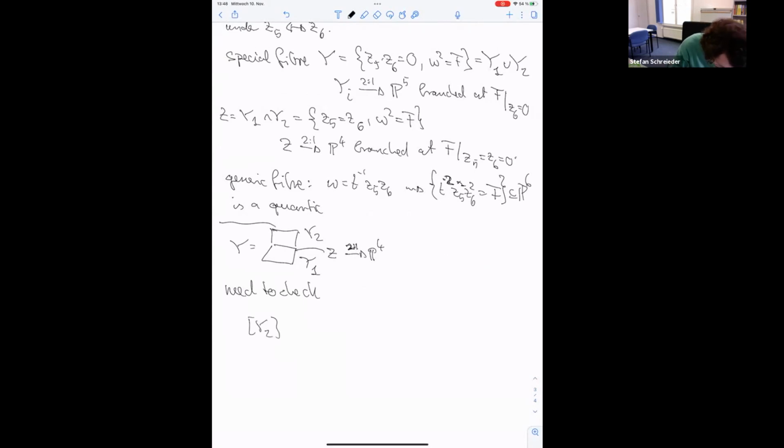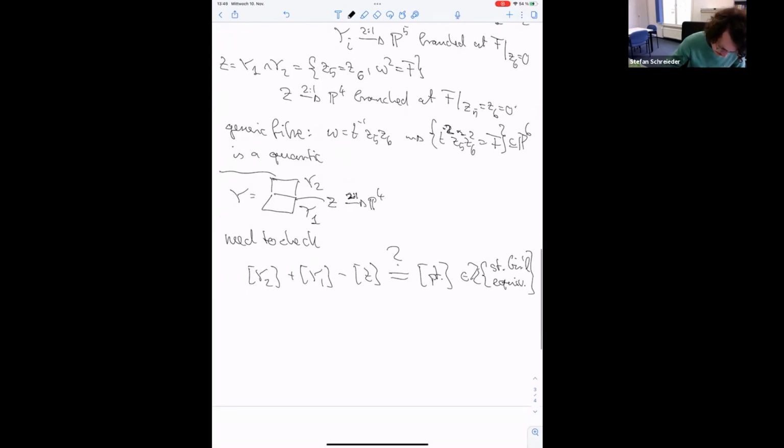So the formula says that the sum of the components minus the intersection, we need to check if this is the same as the class of a point in this free abelian group of stable birational equivalence classes. But now this is not the class of a point.